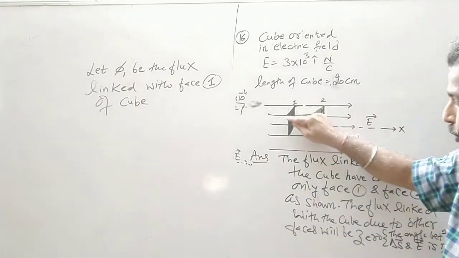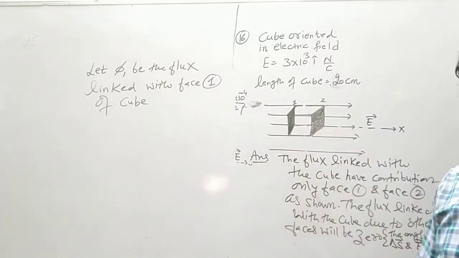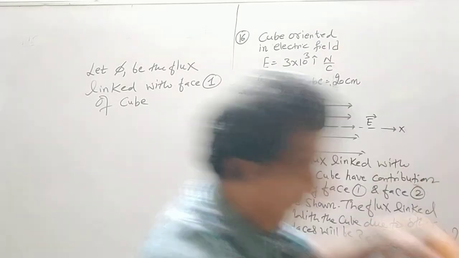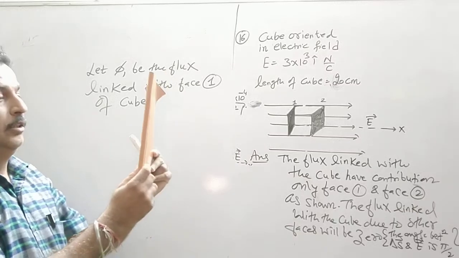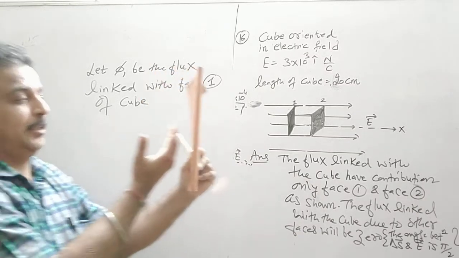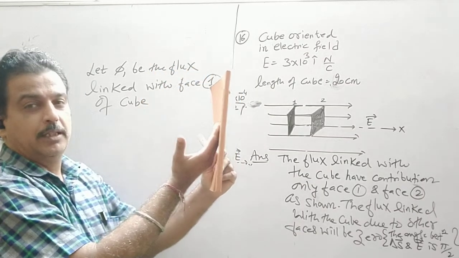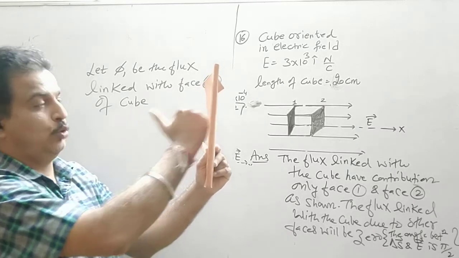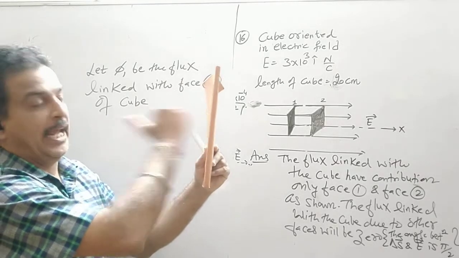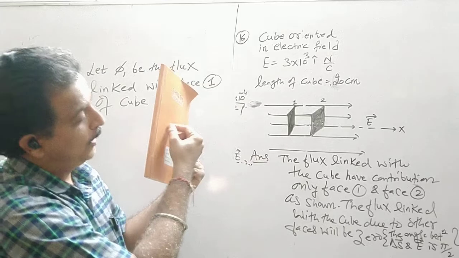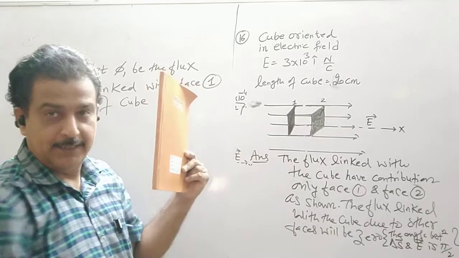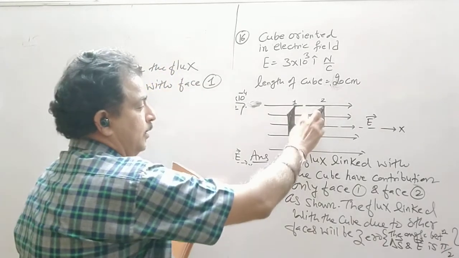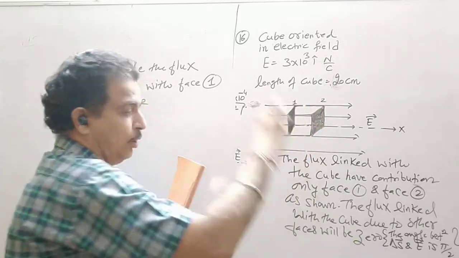Now I have to take the area vector of this. Clearly, this face 1 should have an area vector coming outward from this plane, so it should be along the negative x-axis. Inside you cannot take the area vector, since this is a cubical box.